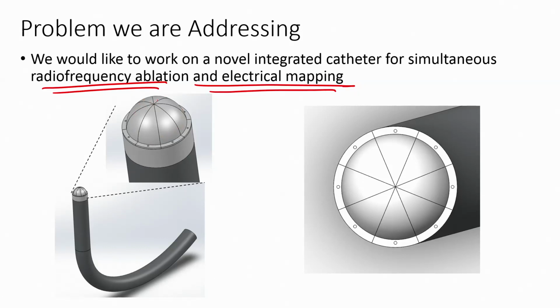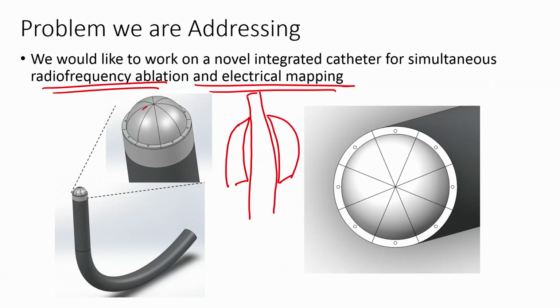So, understand that this dome opens up, right, it opens up. So, you can see something like this and the catheter within it will come out and perform electrical mapping, right.